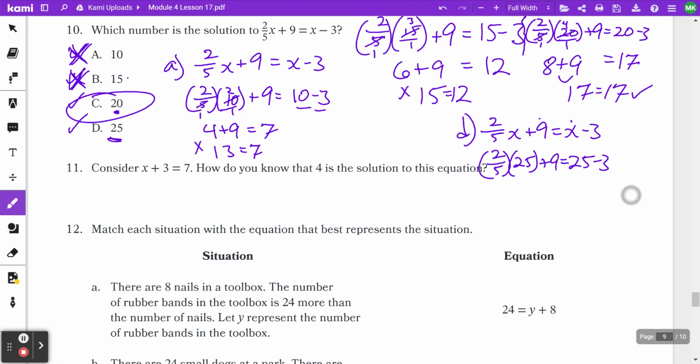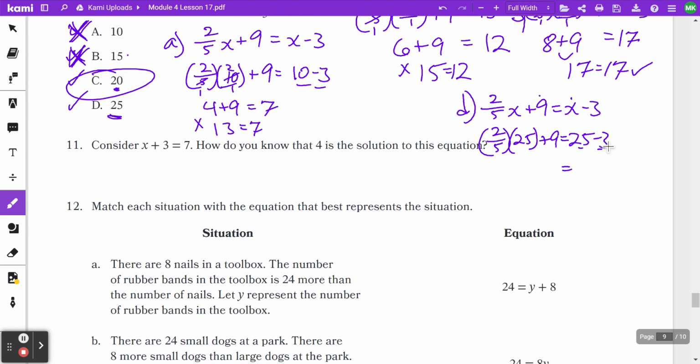So this minus this gives me 22. And if I simplify these, 5 goes into 5 once, 5 goes into 25 5 times, 2 times 5 gives me 10, plus that 9. That gives me 19 equals 22. No. Big old no. So he's out.